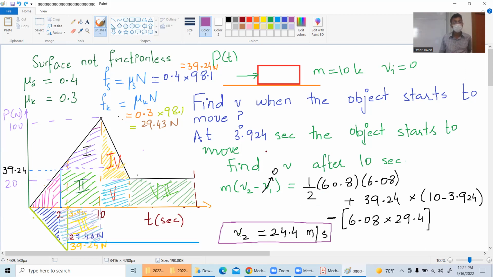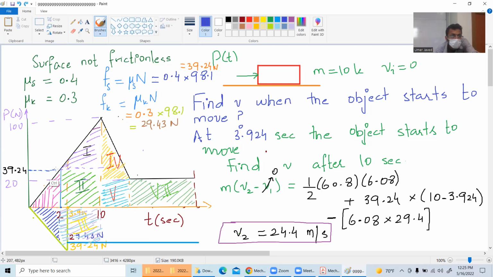Why? Shouldn't we label the 39.24 just above that? Because the black line shows the force, so the 39.24 should be written up. So it corresponds to 3.924 seconds. One minute. I think I need to know his confusion. Okay, I think I understand the point he's making.